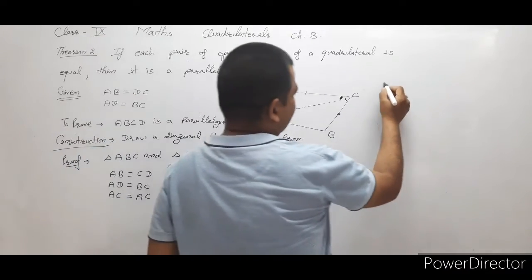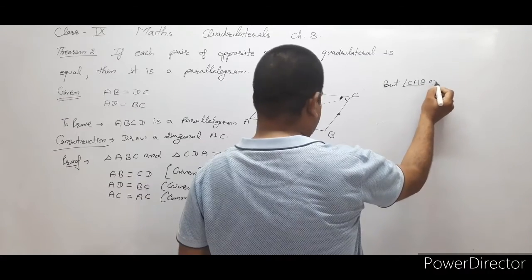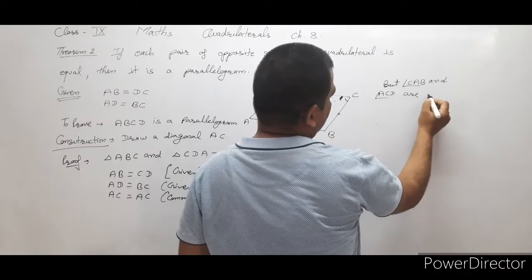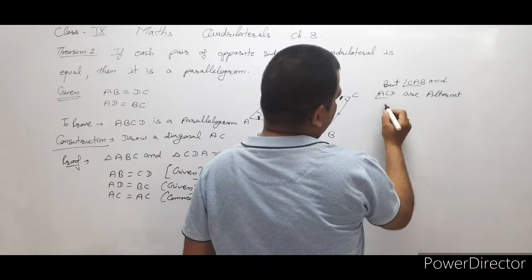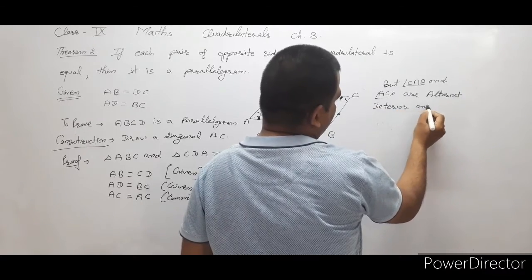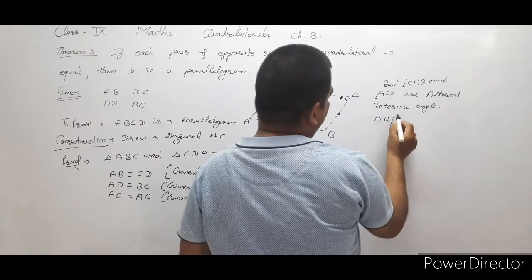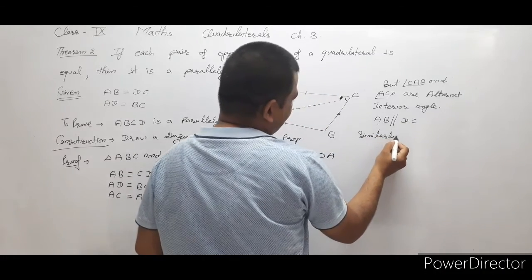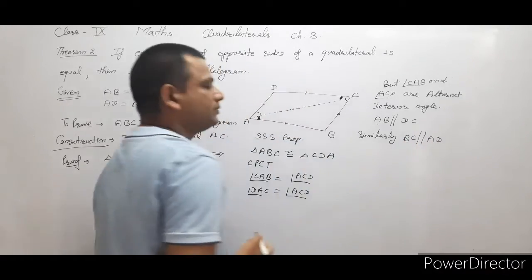Angle CAB and angle ACD are alternate interior angles. If these are alternate interior angles, that means AB is parallel to DC. Similarly, BC is parallel to AD.